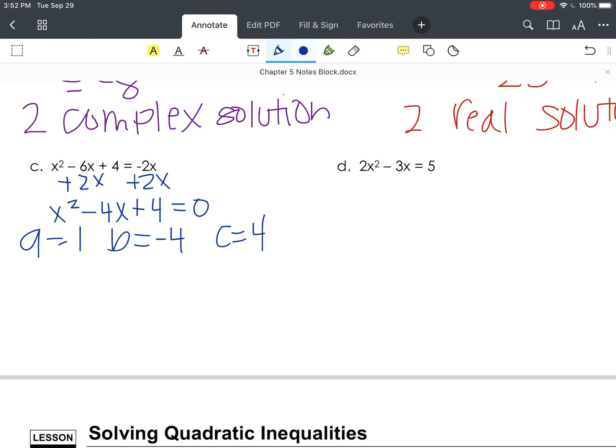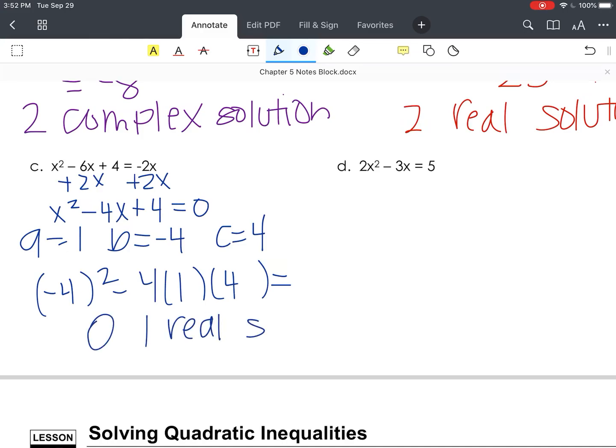So a is 1, b is negative 4, and c is 4. Substitute that in for the discriminant. It's going to be negative 4 squared minus 4 times 1 times 4. A negative 4 quantity squared is 16, and it's going to be minus 16. So you get an answer of 0. That means I have one real solution. I'm crossing the x-axis one time.